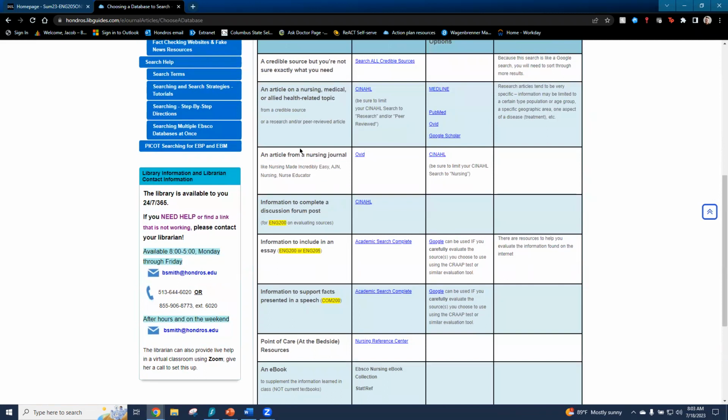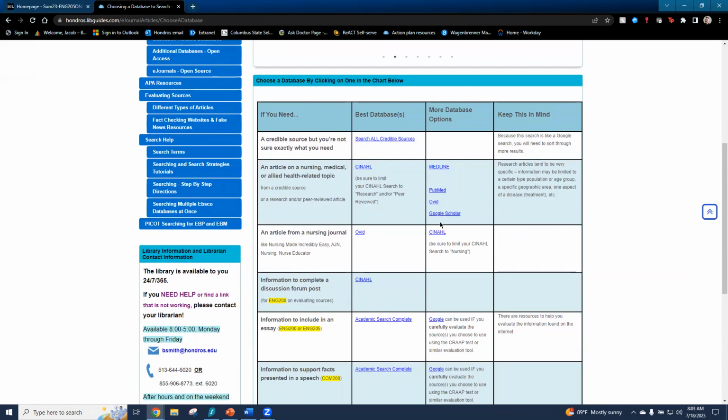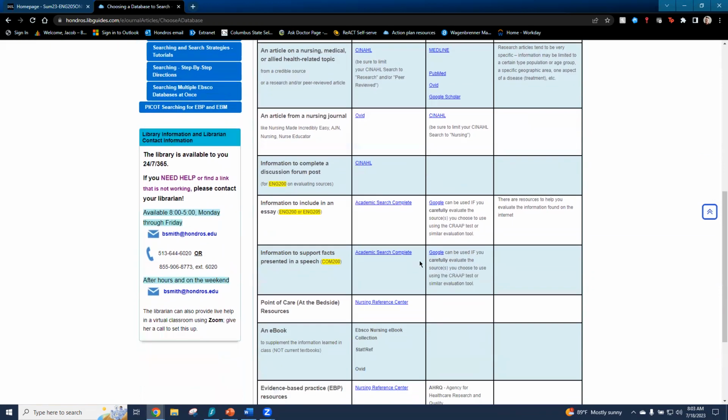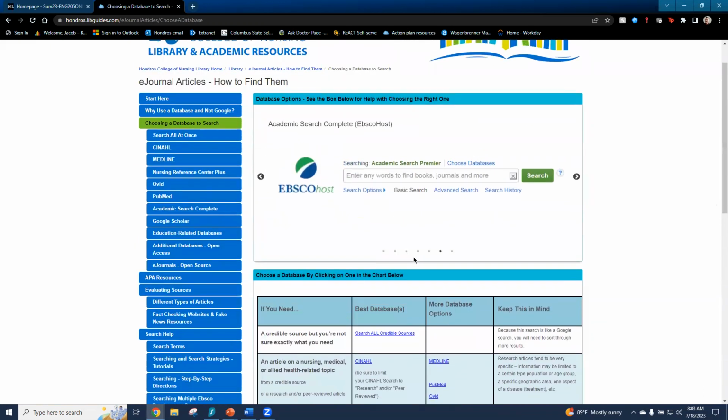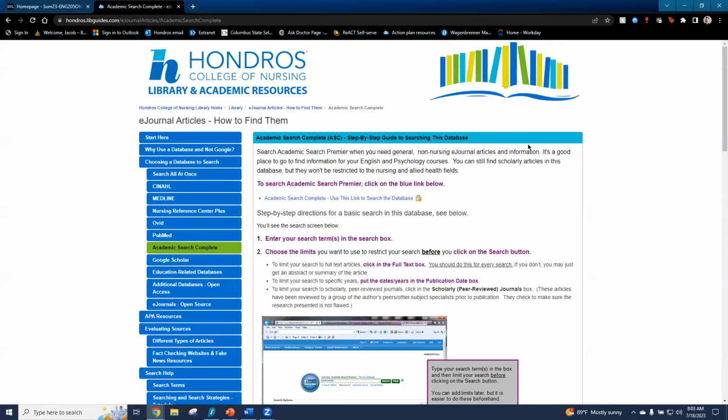If you want an article from a nursing journal, Ovid or CINAHL are going to be good options. So here we have best databases and then more options and then some things to keep in mind. So really a helpful chart here that can help you zero in on the database that you should use. So I'm going to hit Academic Search Complete.